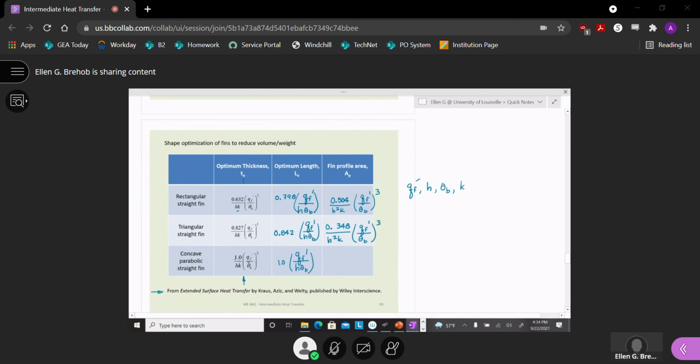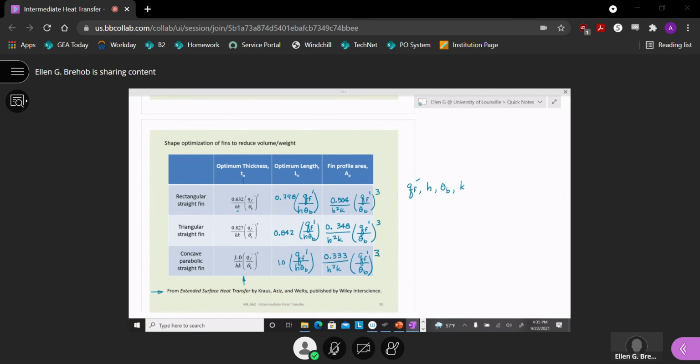And this one, we multiply the thickness and length together, but then it's a third of the area.